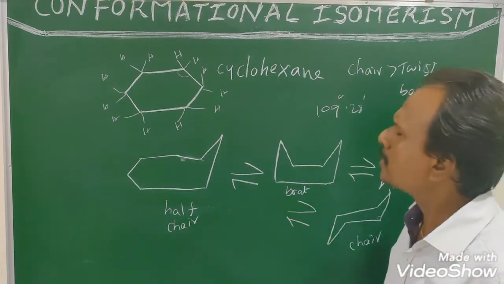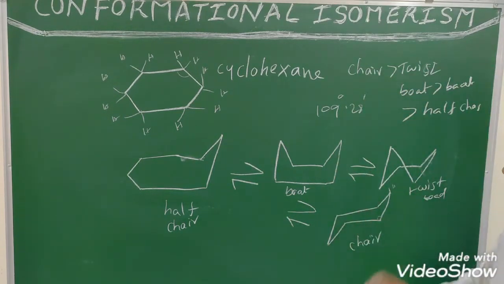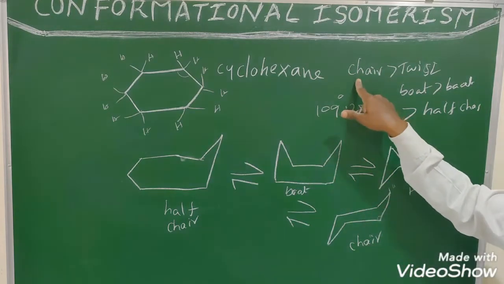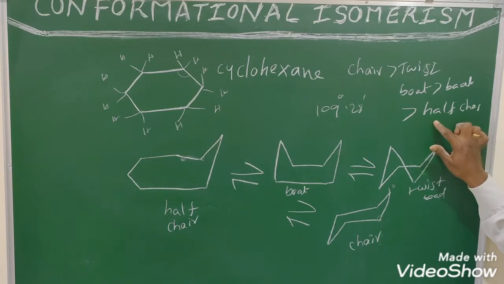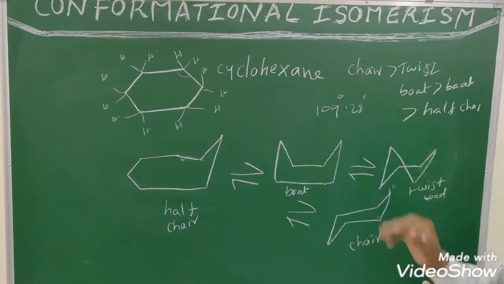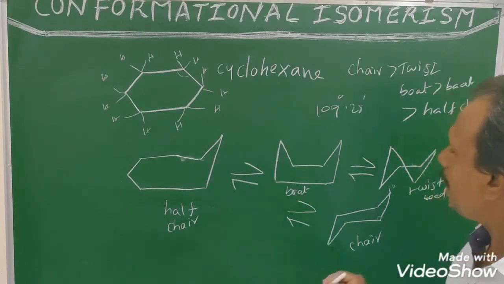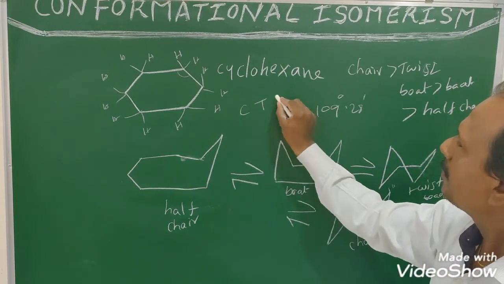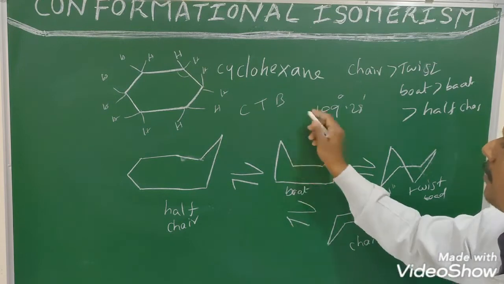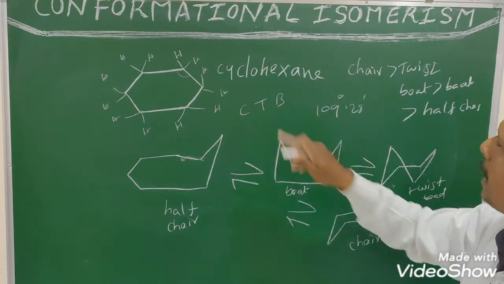For simplicity, here is a simple trick to remember the stability order of the different conformations. C, chair. T, twist boat. B, boat. Half chair. It is remembered as City Bank of Hyderabad. C, T, B, H: City Bank of Hyderabad.